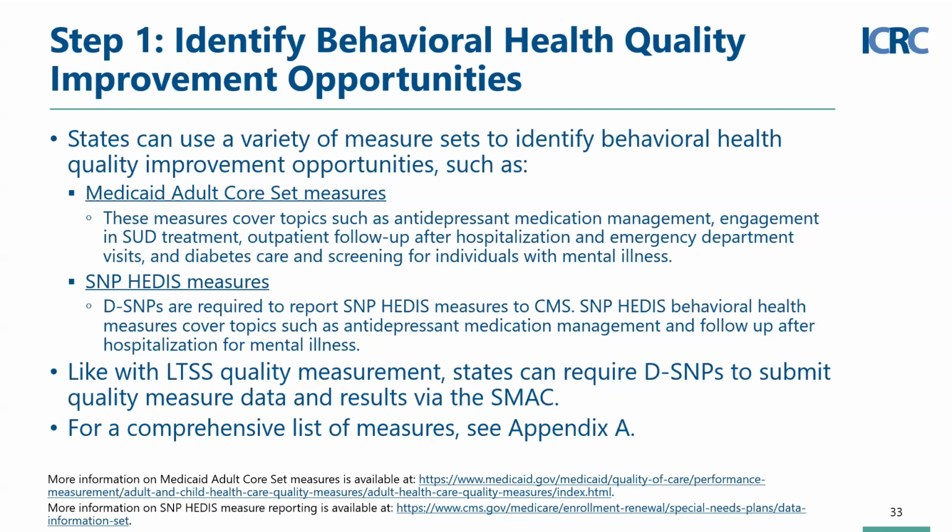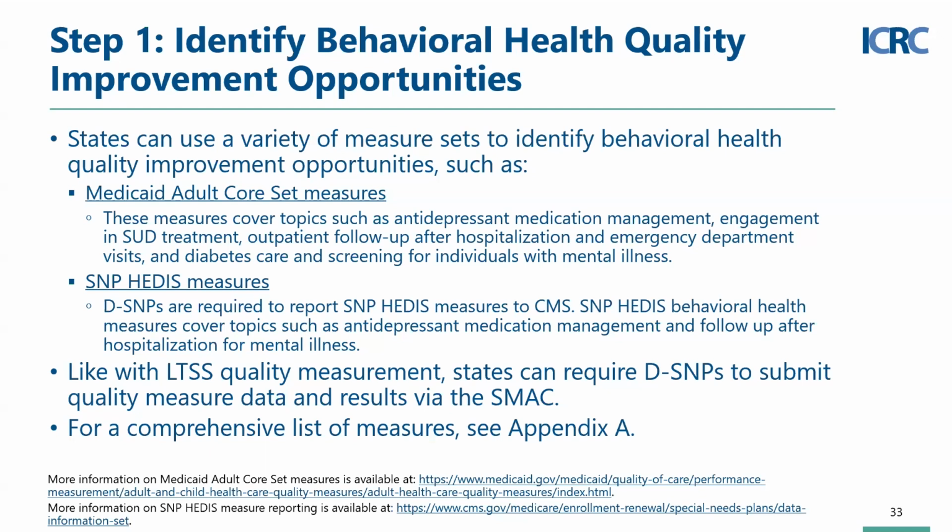Like LTSS quality improvement, when determining which sources to use to identify behavioral health quality improvement opportunities, it is important to consider the level at which the measure data is reported. For example, adult core set measures are generally reported at the state level and provide a high-level overview of performance across the state amongst all populations, including non-dually eligible enrollees.